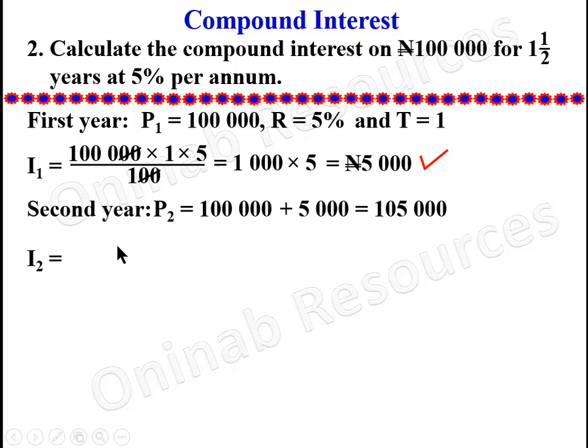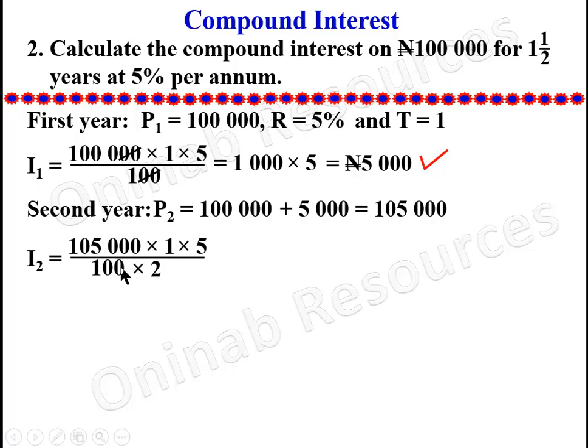So that's going to give us 105,000 multiplied by 1 times 5 divided by 100 divided by 2. Why is it divided by 2? Because it is half year. So if it is 1/4 year, you divide by 4, and so on.